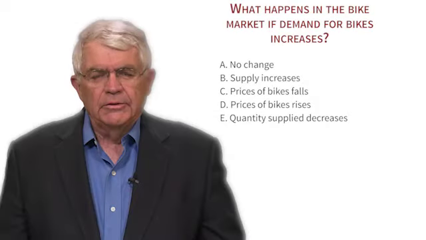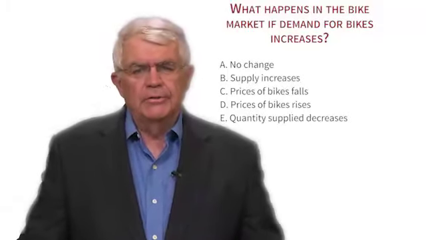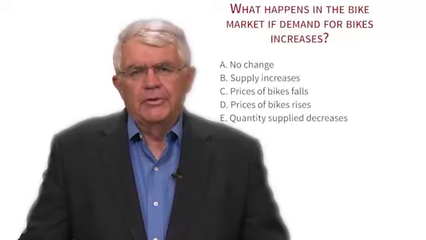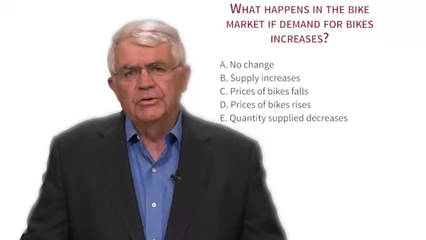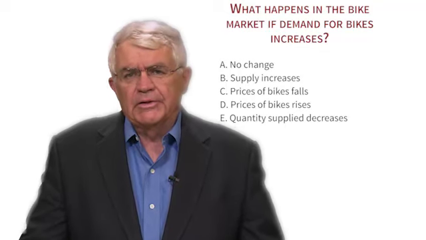Now, given this equilibrium and this intersection idea, let's see what happens in the market if something changes. Having seen this model, or just from where you're coming from before this lecture, what do you think would happen in the bike market if the demand for bikes increases?